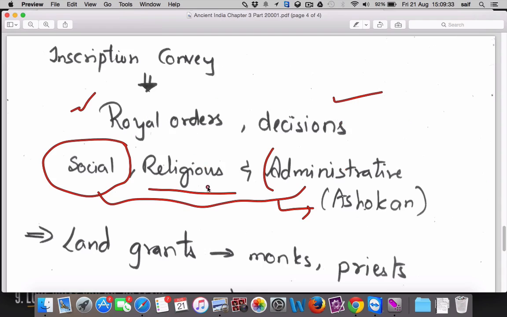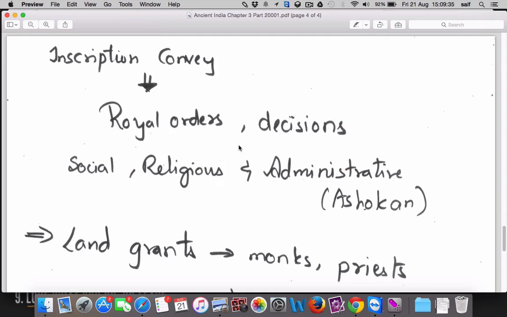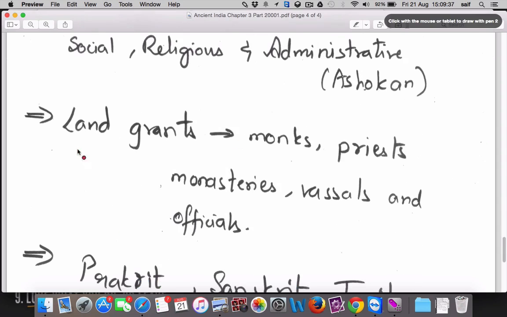And the very important matters on the inscriptions were the land grants. Kings and rulers used to grant lands to monks, priests of temples, monasteries, vassals and officials. They used to give land to the poor also. They allotted the land, and they would write the name of the king and the ruler, and it would be inscribed on the stone and put at the front of the colony.